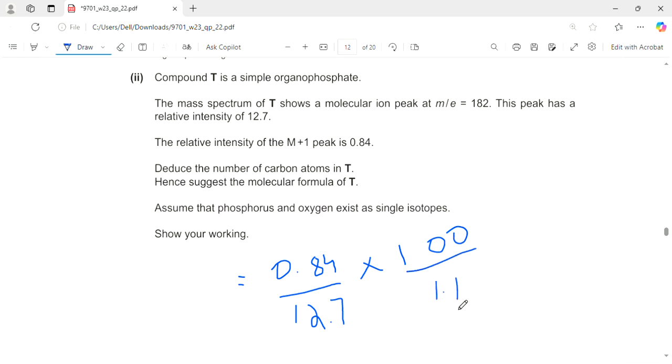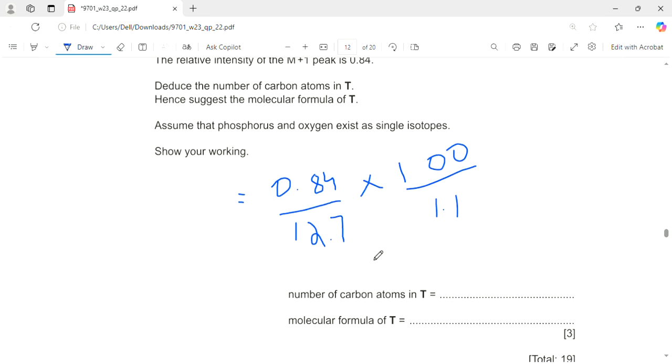So just calculate and let's see what we get. 0.84 upon 12.7 multiplied by 100 upon 1.1 gives 6.013. So it means there are 6 carbons.